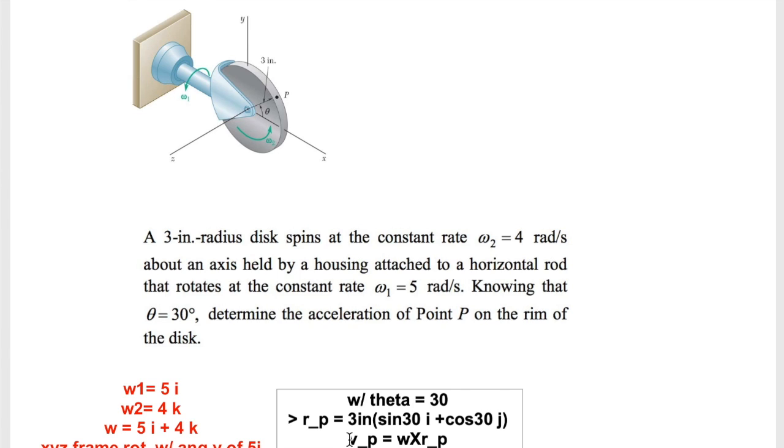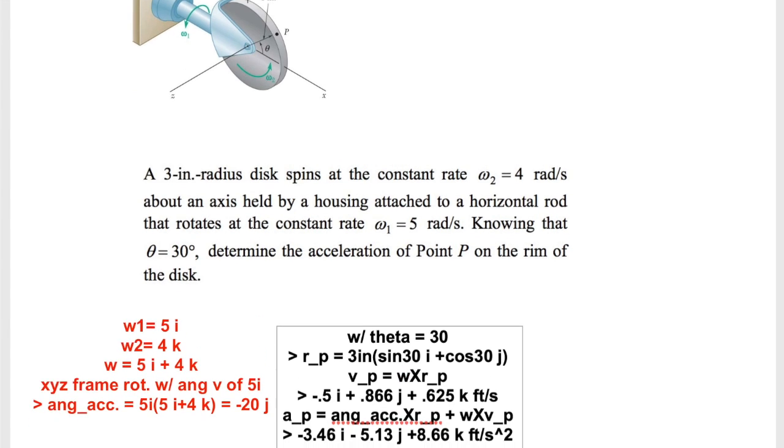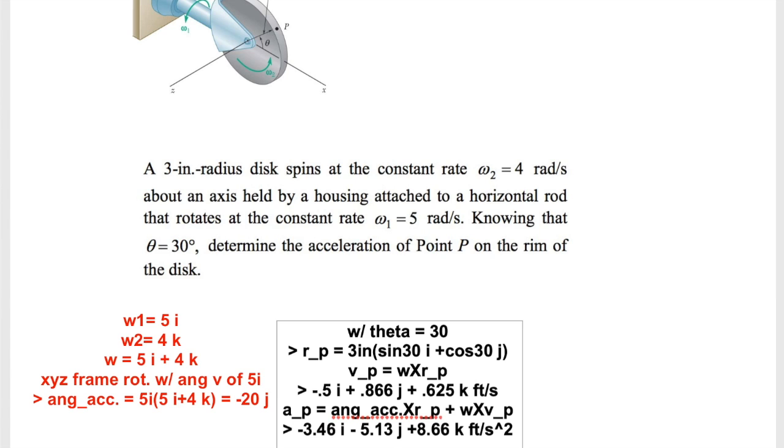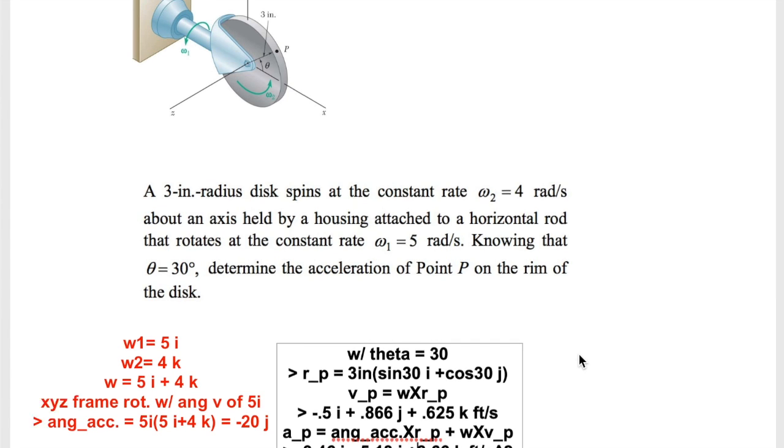To find the velocity at point P, we cross our angular velocity with point P. For acceleration, we cross the angular acceleration we found with point P, but we also add the angular velocity times the velocity at point P that we found up here. Once we add them together, this is what we get. Pretty easy. So, moving up.